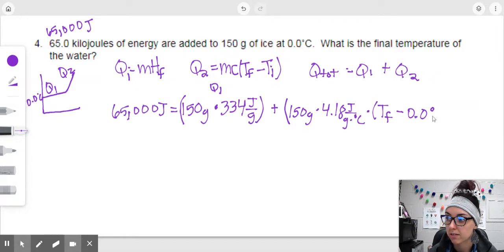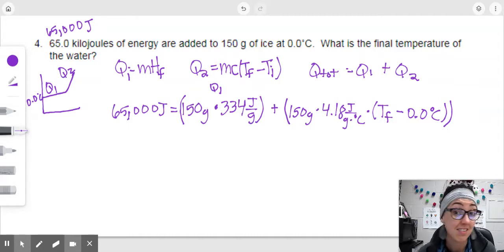So after that ice melts, it's still at 0 degrees Celsius until it heats up. So that's the equation. Honestly, that is the hardest part, is just to get the correct graph and get the correct equation. From here, it's just algebra, right?